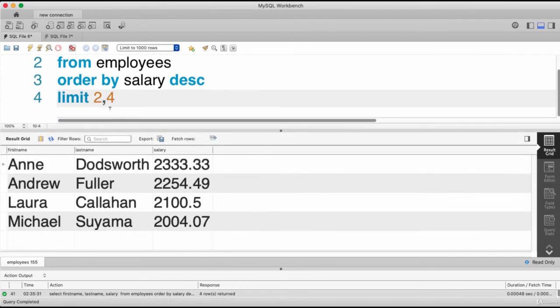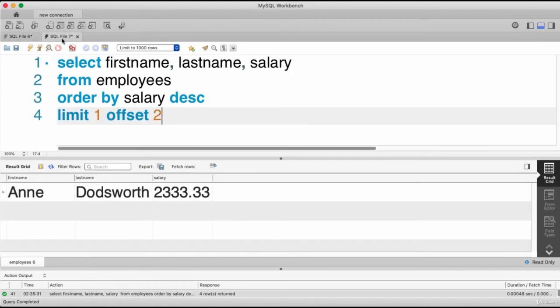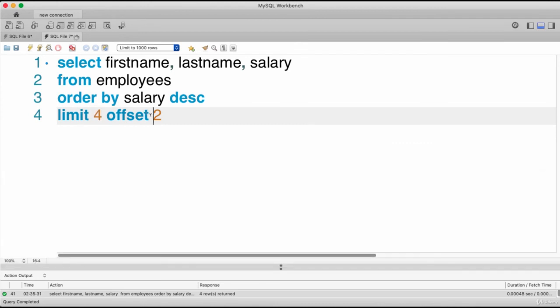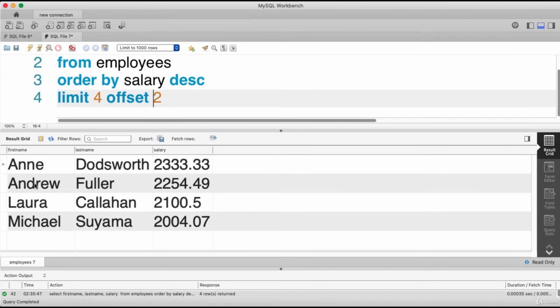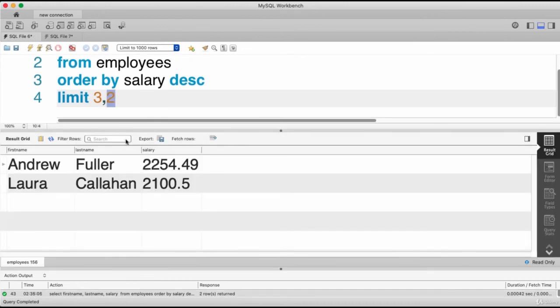On the other way, if I want to use the full name offset, I have to say 4 before 2. You see? Anne, Andrew, Laura, Michael. There's no difference. If I put, for instance, 3 here, I put 2 here, means I should offset 3. I need 2 as a limit.